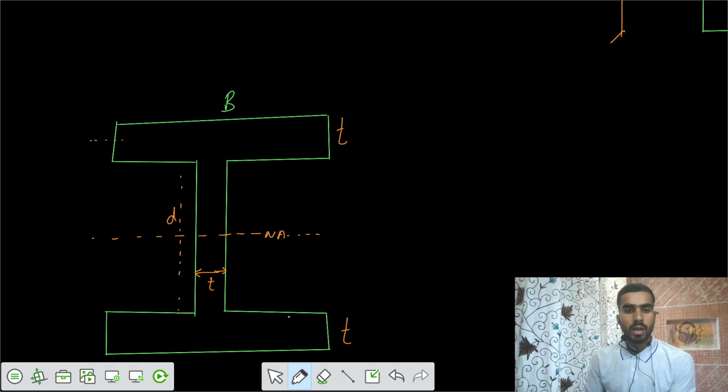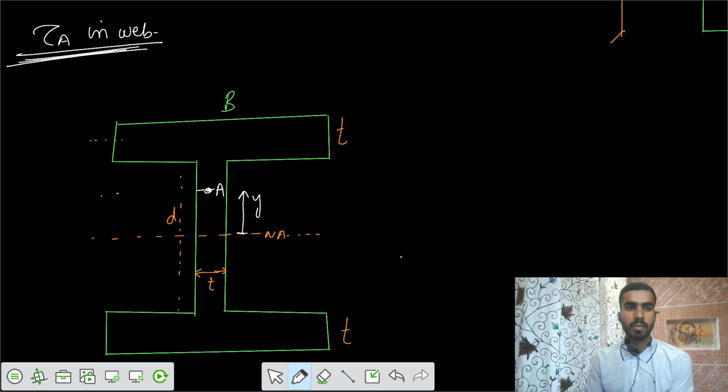Let's take any point A in the web, at a distance y from the neutral axis. We want to find the shear stress at that location A, but it is in the web.